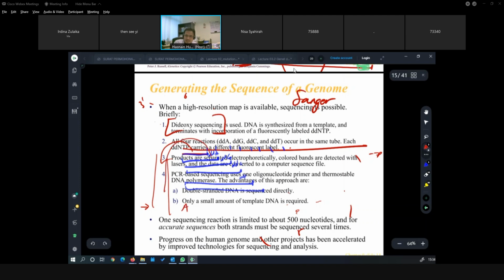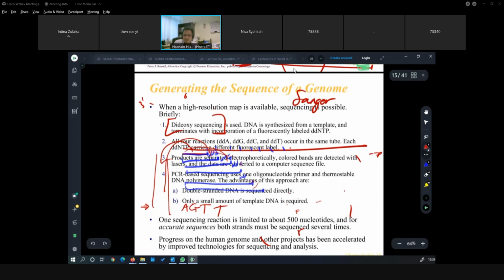This one is G, and G carries the green fluorescent, for example. Then the laser detects G. Then this one goes in. Let's say this one is T, so it detects T, and then it detects T again. So now you know that the sequence over here is AGTT.